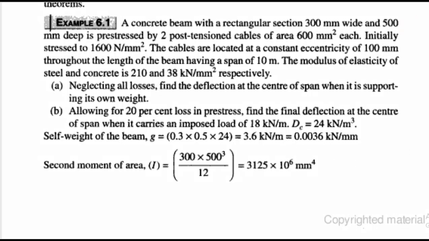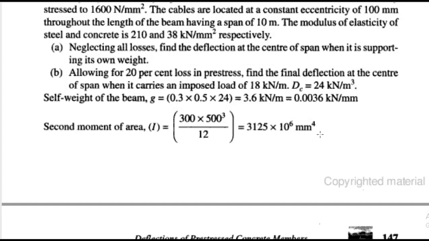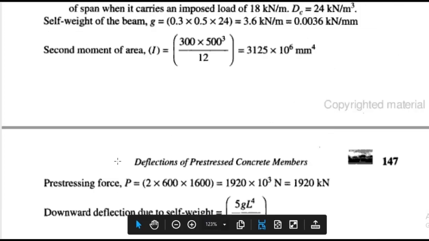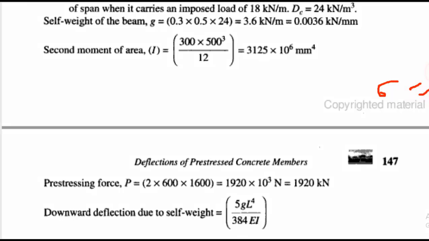Okay, and coming to the next, pre-stressing force. We are having the formula stress equal to load divided by area. That is nothing but pre-stressing force divided by area of the cross section.